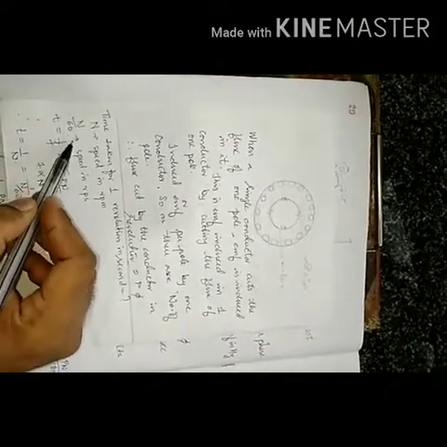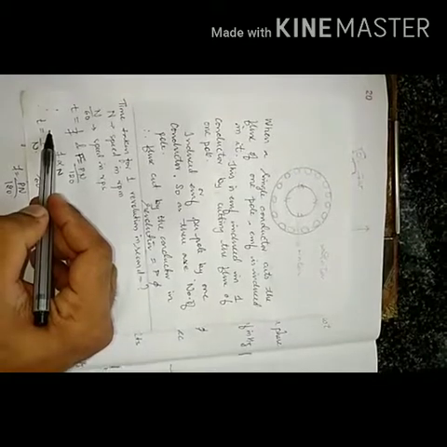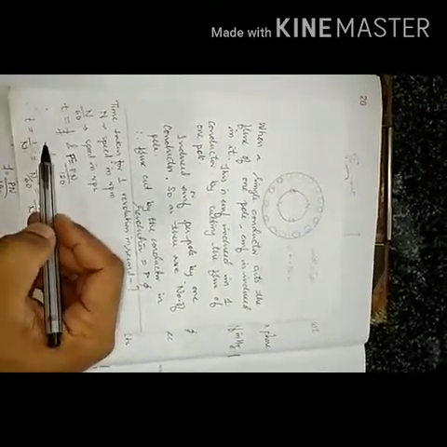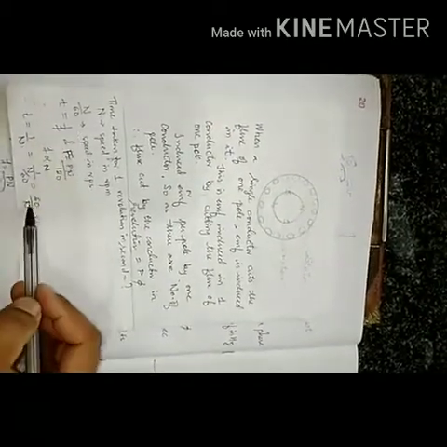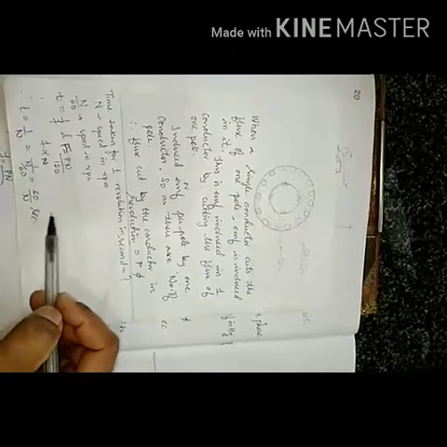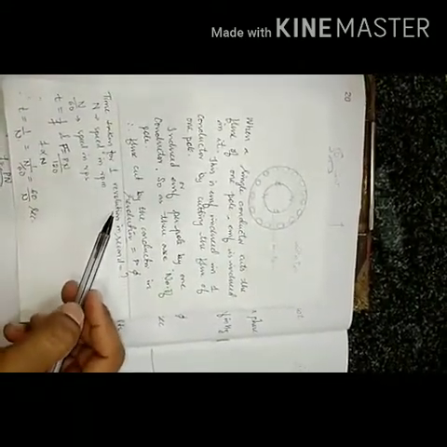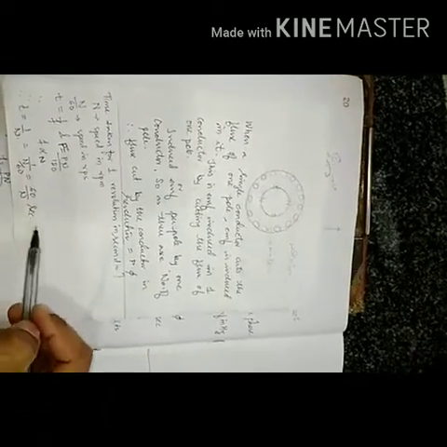So if T is equal to 1 by f, then T can also be written as 1 by N, where N is in RPS, which is N by 60. So you get 60 by N seconds. That is the total time taken for one revolution, 60 by N seconds.